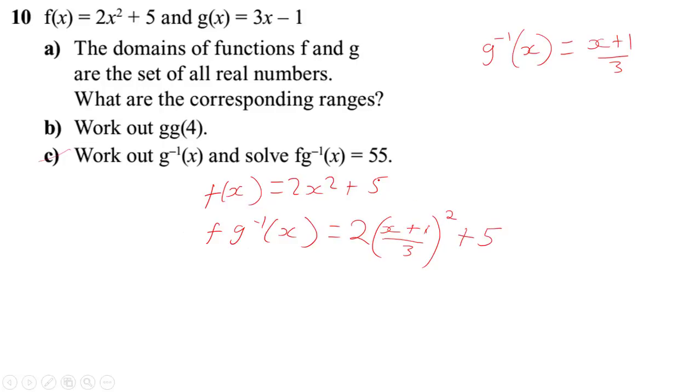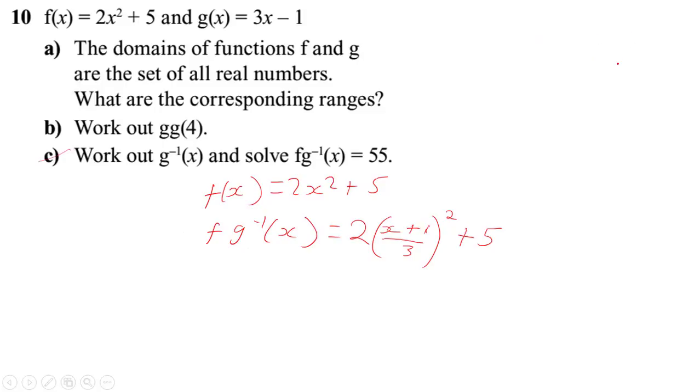The next thing I want to do now is to simplify x plus 1 over 3, square it and then add 5, and that should equal 55. Now what we might do here, instead of opening that bracket, because it's an equation, we can just ignore that bracket for a minute and just form the equation with 55. It might be a good idea to do that, because if you open the bracket, it becomes so complicated unnecessarily.